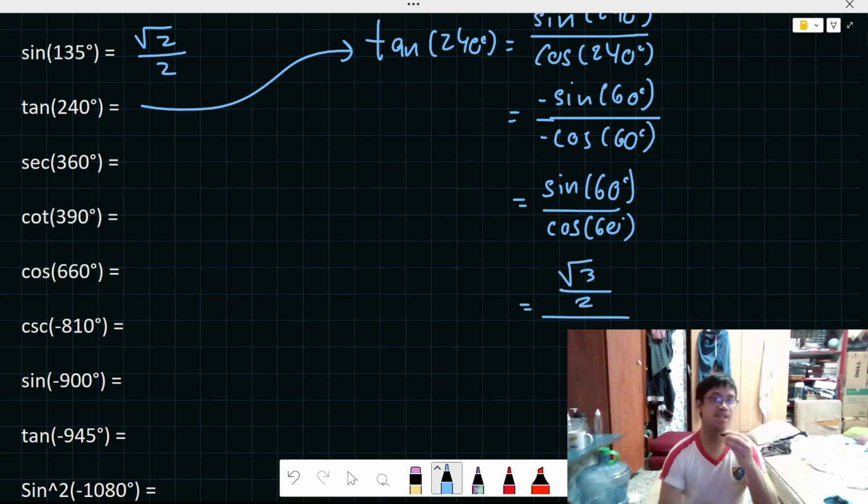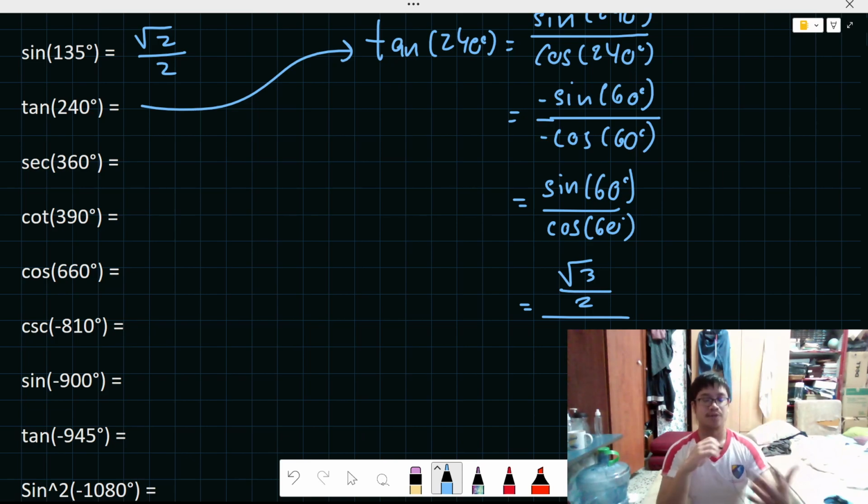Now for cosine 60 degrees, instead of counting 0 to 4 from pinky to thumb, you'll start from the thumb to pinky until you reach 60 degrees. Remember that the position of the angles are not changed. So if 0 is here on your pinky, then that is where 0 degrees is.